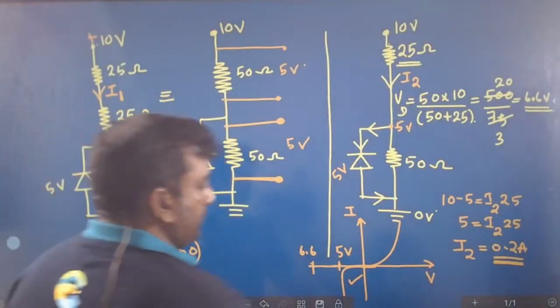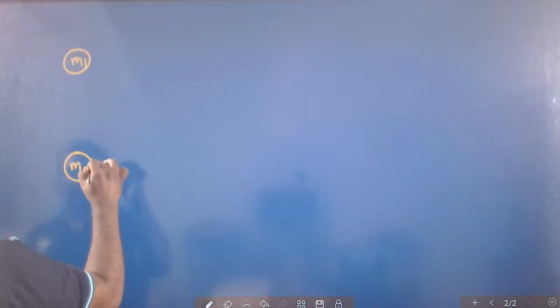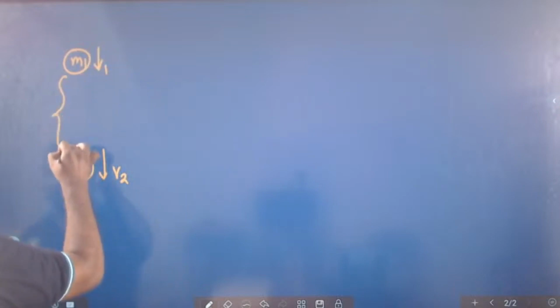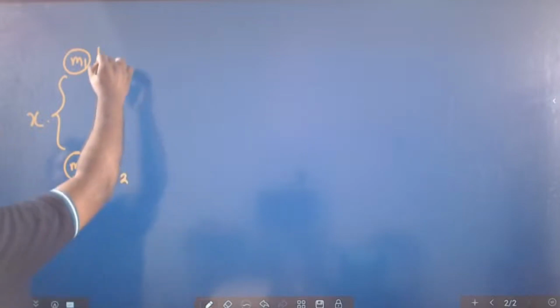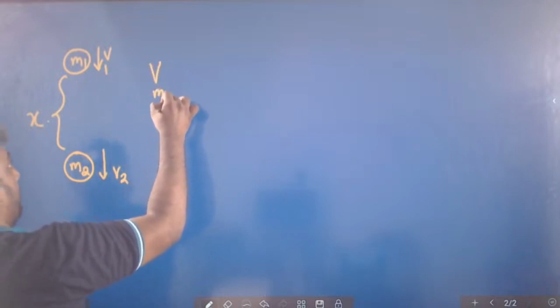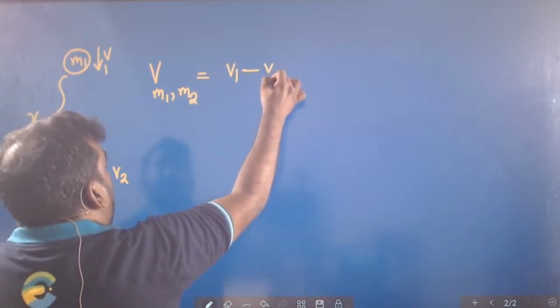Go back to the board. Look at the board now. Terminal velocity of M1, terminal velocity of M2, separation is x. So we can say velocity of M1 with respect to M2 is V1 minus V2.